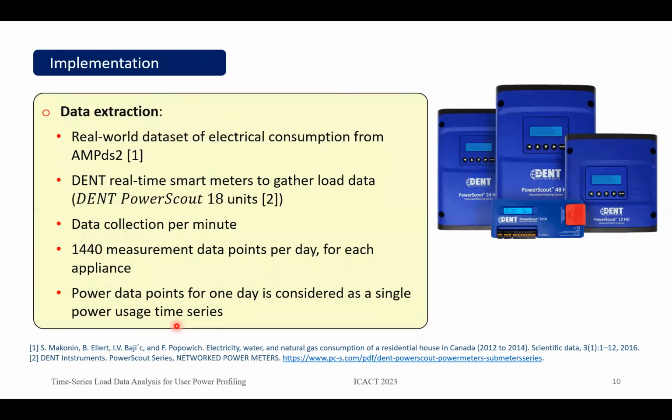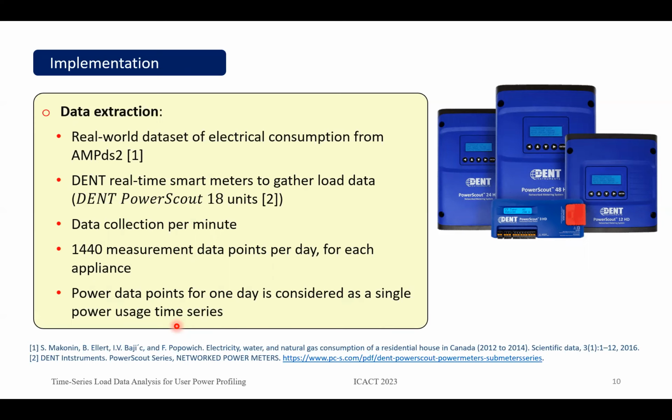Okay, let me explain our model in more detail stage by stage. At the first stage, data extraction, we use a real-world data set of electrical consumption from the AMPDS2 dataset.